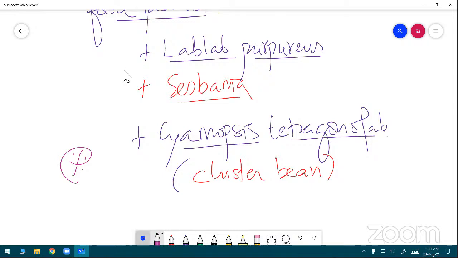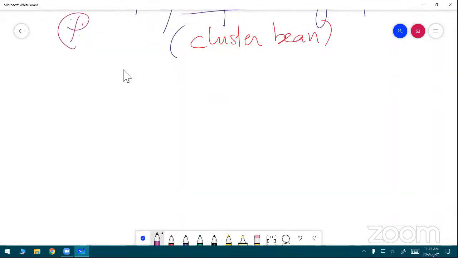And the third variety of plants are oil plants. Some plants are cultivated for getting oil, right? Oil yielding plant. So which of the following is an oil yielding plant of Fabaceae? That is the question.